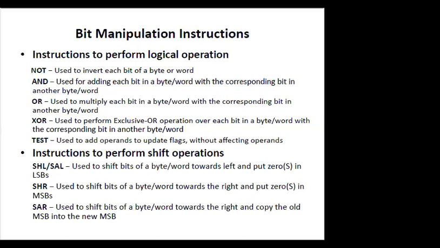These operations are required to manipulate the bits. You can go through them, as their particular usage is also written there. For logical operations, we have 4 instructions, and more can be added in subsequent versions of the processor.